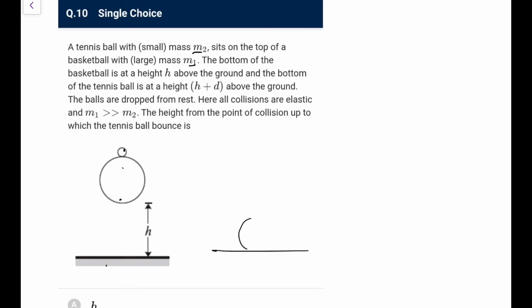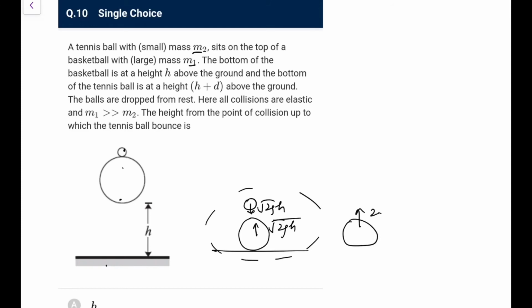This ball now will go with a velocity root 2gh upwards because it is an elastic collision. Taking it as an elastic collision between one very light and one very heavy ball, I can say even after collision the heavy ball will go with root 2gh because its velocity will remain the same, and the tennis ball's velocity becomes v, and we will simply apply velocity of approach equals velocity of separation.